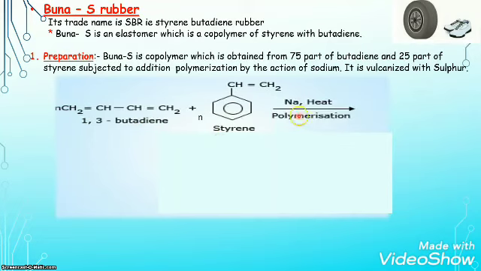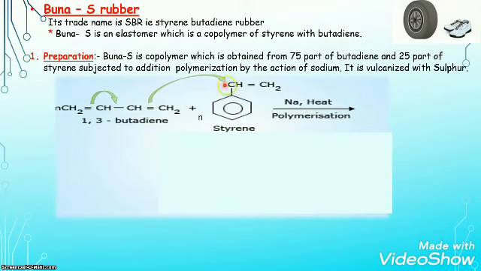With the action of sodium, it undergoes addition polymerization. During this addition polymerization, the double bond present in the butadiene will break open and form a double bond between this CH and this CH. Then again the next double bond will break and form a bond directly from this carbon to this styrene's carbon.